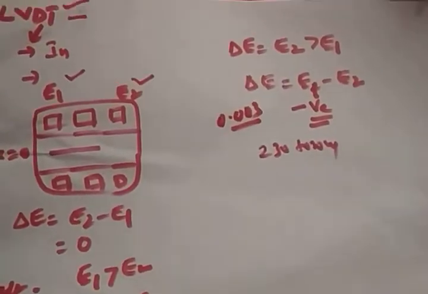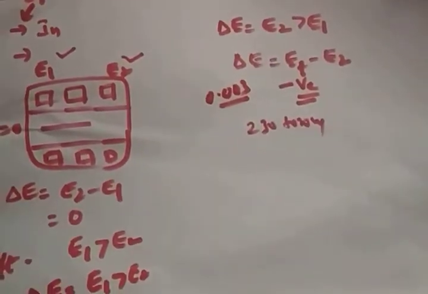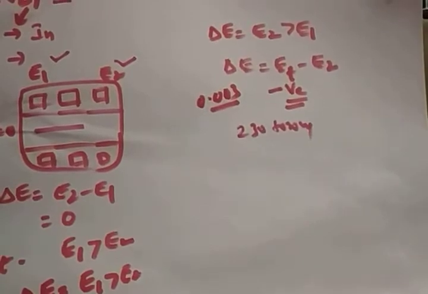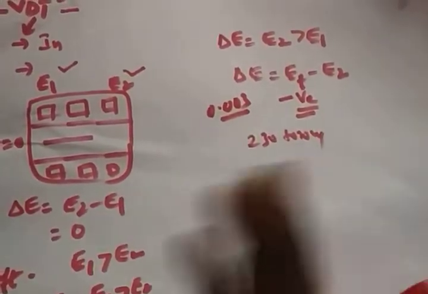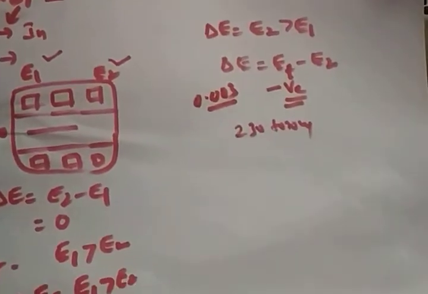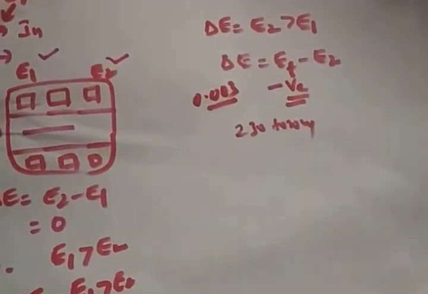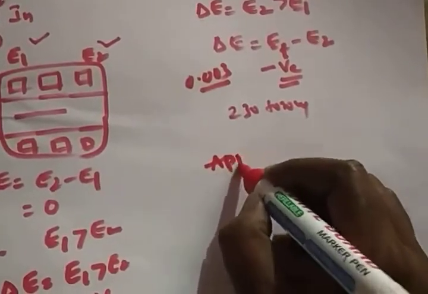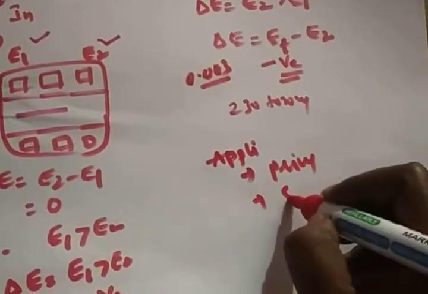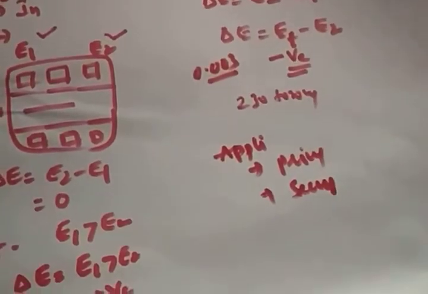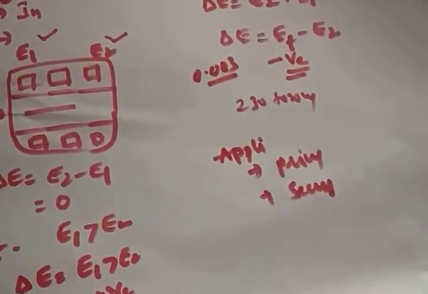And there are disadvantages also. For large measurements of displacement, it reads some errors, and temperature variations and vibrations also cause LVDT some trouble. Some applications also: it can be used as a primary transducer and also as a secondary transducer. Primary transducer means that by giving displacement directly, it converts it to voltage.